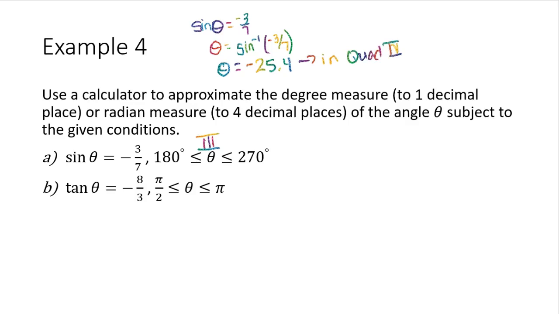Now, this is not my answer because this is in quadrant 4. And our answer needs to be in quadrant 3. So let's take a look at the picture here. -25.4 is going to be right here. The reference angle for -25.4 is +25.4, because remember our reference angles are always quadrant 1 angles.